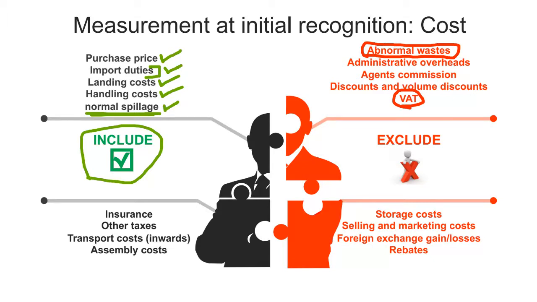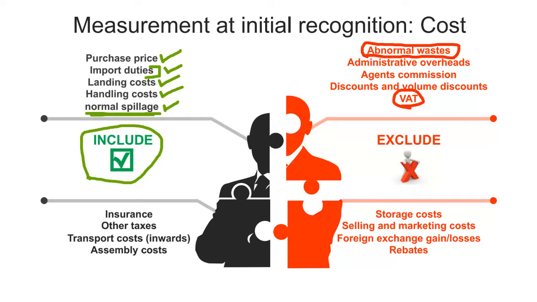Because there's something wrong that happened. Someone was negligent, or something went wrong, and your test or exam question will make this very evident. It will say this is abnormal and this is normal wastage, and now you will have these two figures and you need to decide what to do with them, right? It might even say, this is the total wastage, and let's say the total wastage is 100,000, whereas the normal wastage that we expect is 60,000.